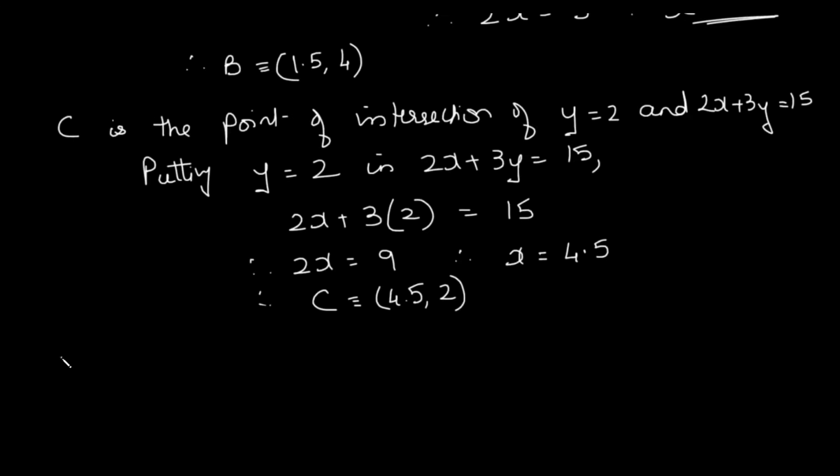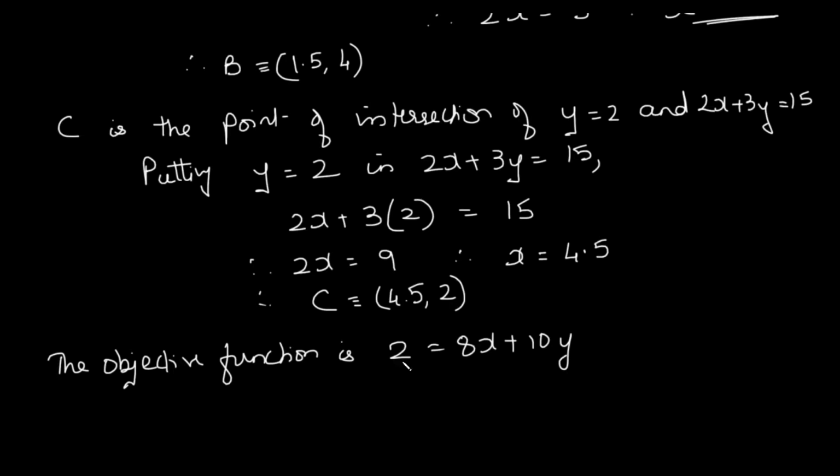Now, the objective function is, in this case, z is equal to 8x plus 10y. Now all that you have to do is substitute the values in this particular objective function and get the minimum value for z and find out where z is coming minimum.